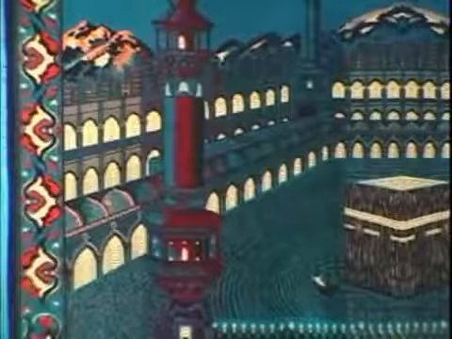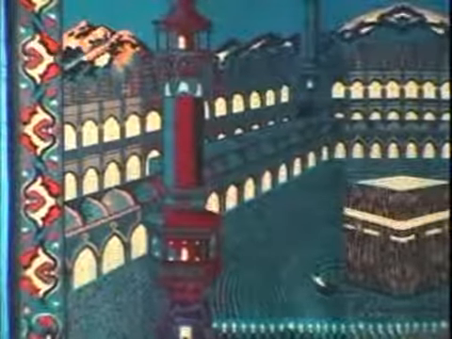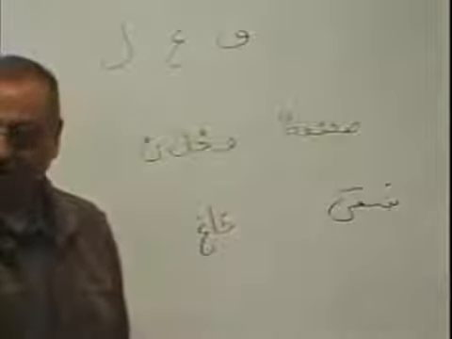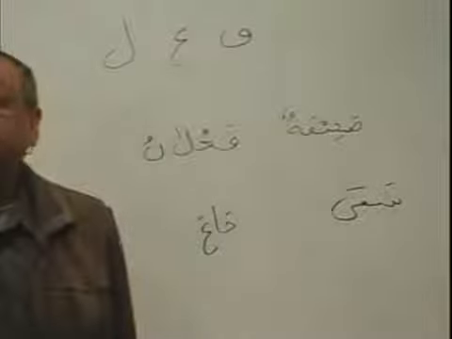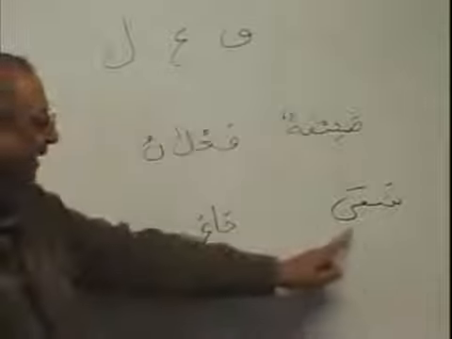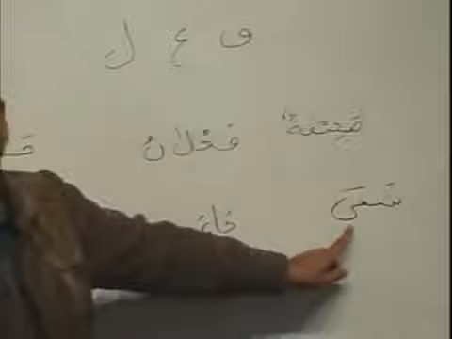What is the verb? Shafa. Like masha. Remember? Kafa, shafa. What is the root of it, brother and sister? Shin, fa, ya. Now see, it is shafa.